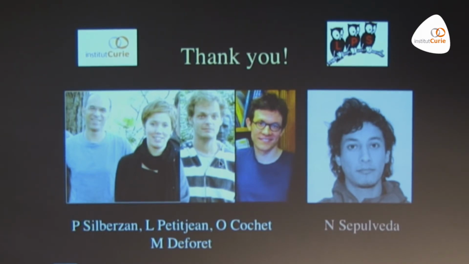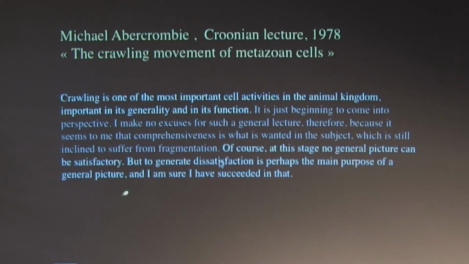He says crawling is one of the most important cell activities in the animal kingdom, important in its generality and its function. And then he says, of course, at this stage, no general picture can be satisfactory, but to generate dissatisfaction is perhaps the main purpose of a general picture, and I'm sure I've succeeded in that. So I think I can take this last sentence for my conclusion.